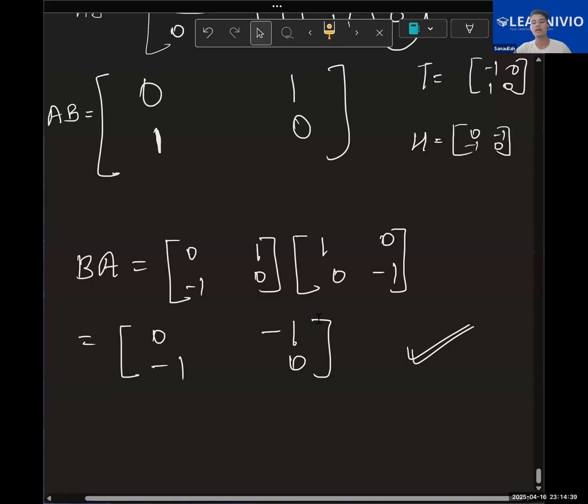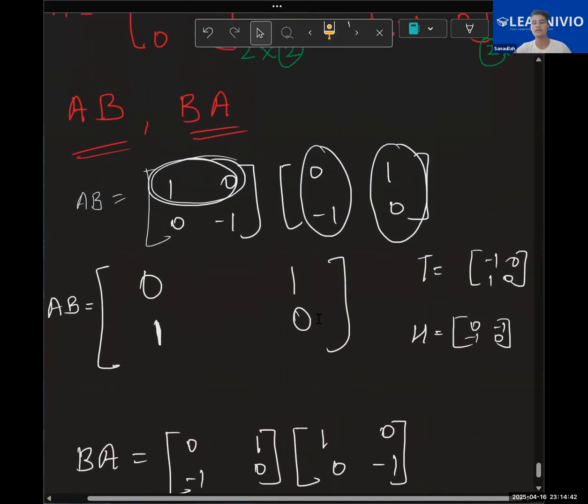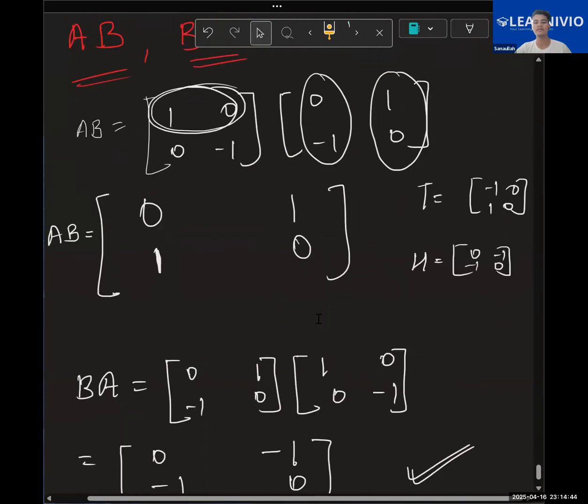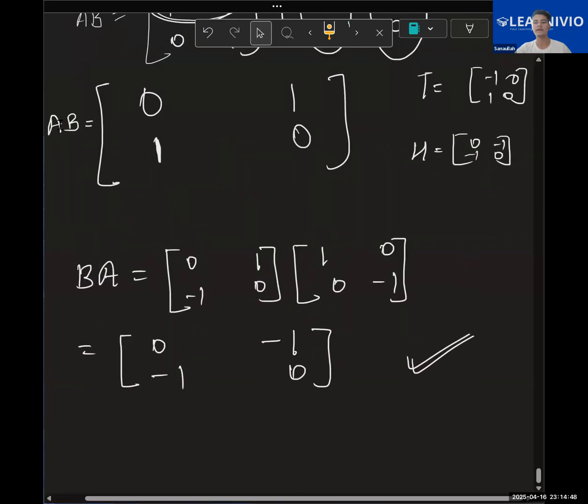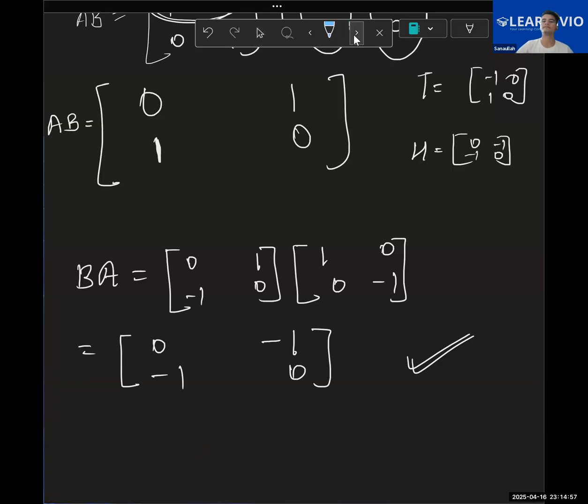Now, if I talk about what our question was, we actually want to see whether AB is equal to BA or not. So just check AB and BA, whether they are equal or not. Tell me.